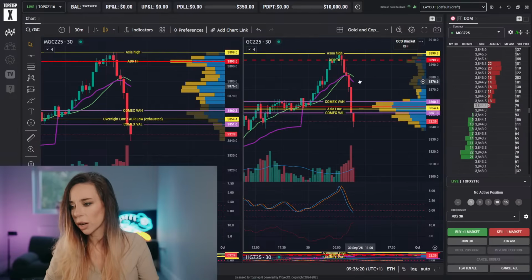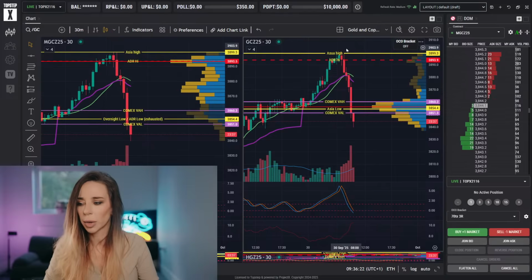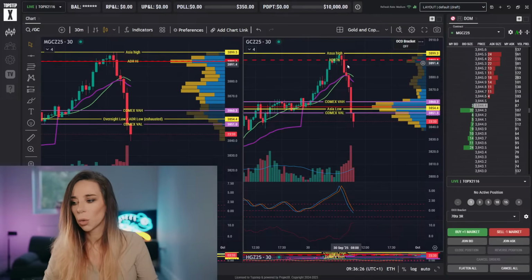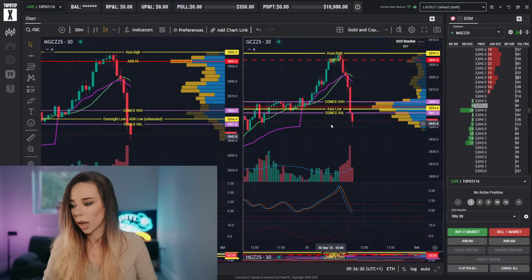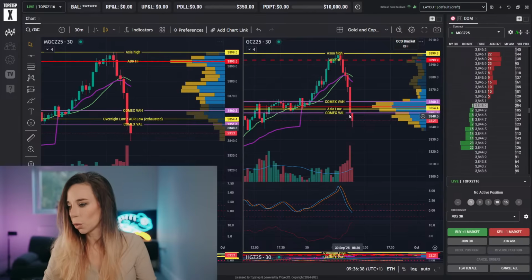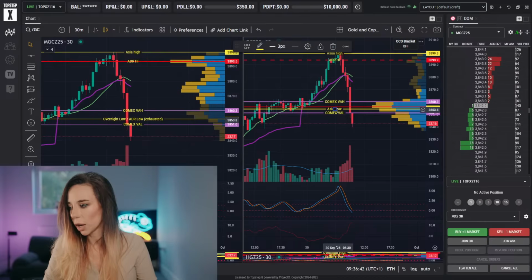So ADR high was actually located a little bit higher than this, but whilst I was preparing, we had this very nice dip on gold. And that move, this mean reversion down to COMEX value, actually exceeded the ADR low, which was located around about the same area as Asia low.